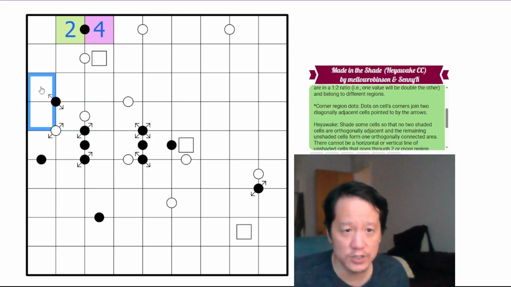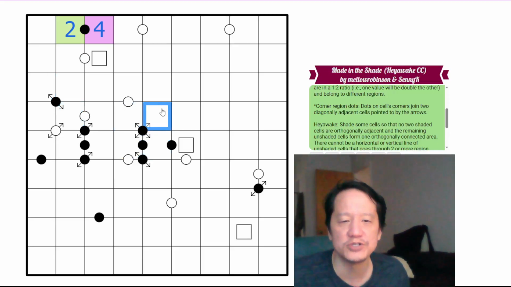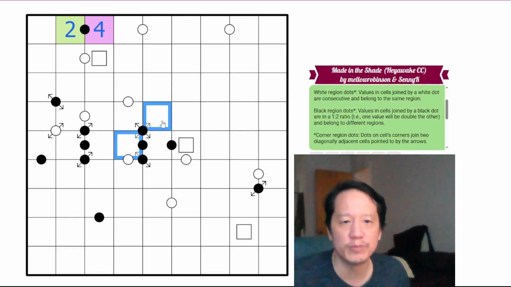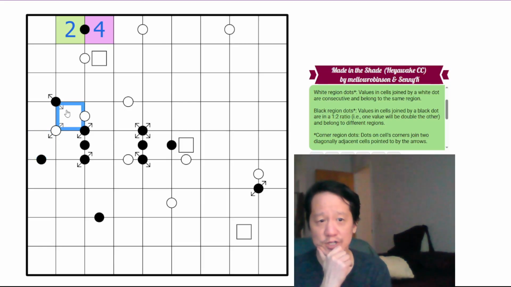This black dot specifically joins these two as a 1:2 ratio. This black dot joins these two into a 1:2 ratio, and these as a 1:2 ratio. And I think they also have to belong to different regions. So these must be in different regions. These must be in different regions. These must be in different regions. This white dot on the corner joins these two cells, and they must be part of the same region here.